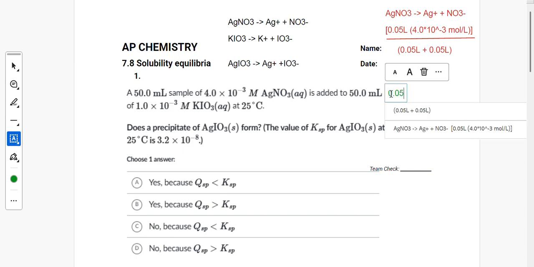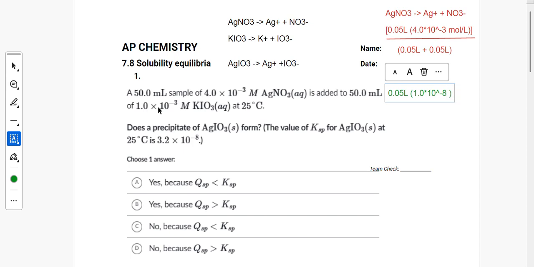Okay. 0.5 liters. And then we're going to multiply by, for this one, 1.0 times 10 to the exponent -8. That's a really small number.